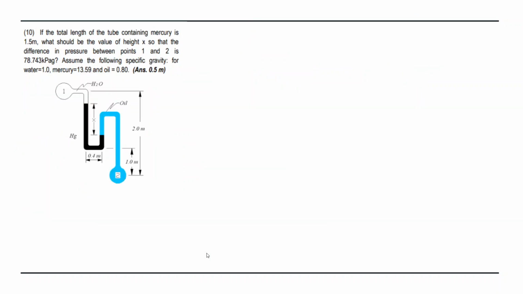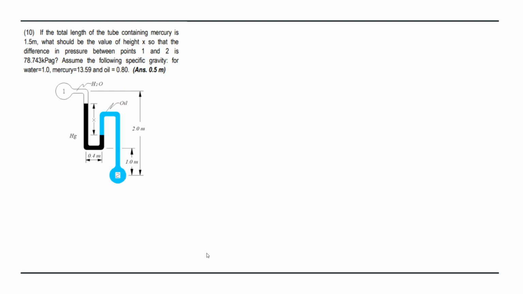Next, number 10. If the total length of the tube containing mercury is 1.5 meters, what should be the value of height x so that the difference in pressure between points 1 and 2 is 78.743 kilopascal gauge.